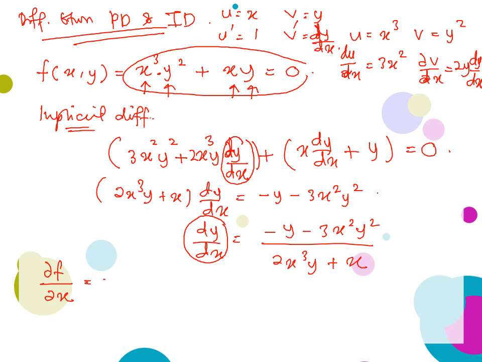So what you will get is 3x^2 y^2 plus y. Okay, same goes if you are interested in variable y. So you will treat your x as constant. Thus, you will get 2yx^3 plus x.